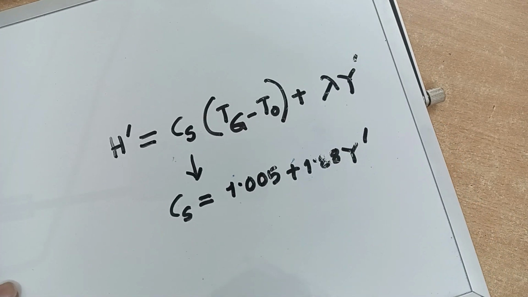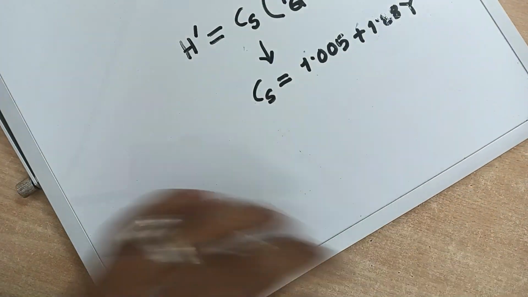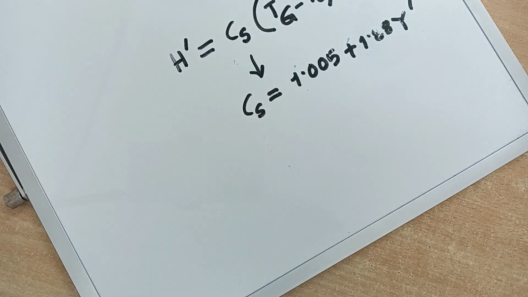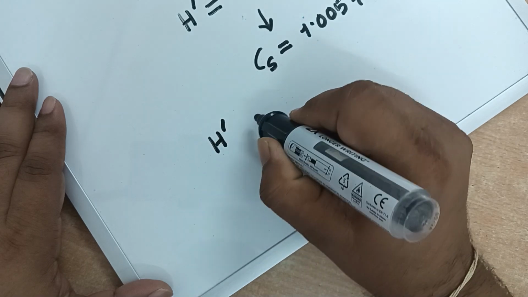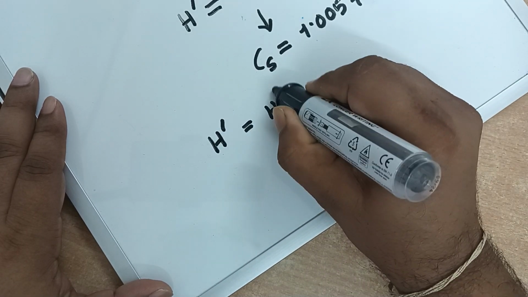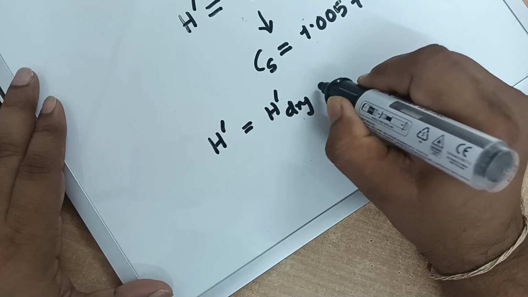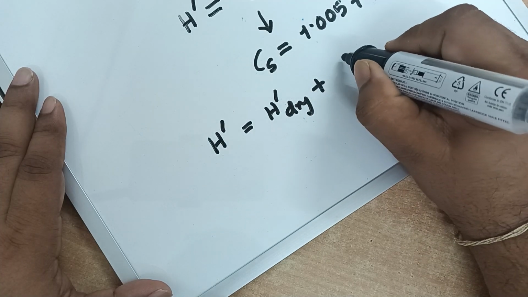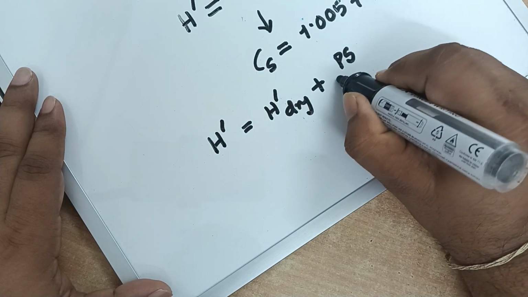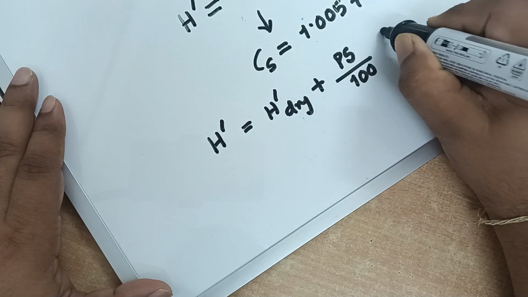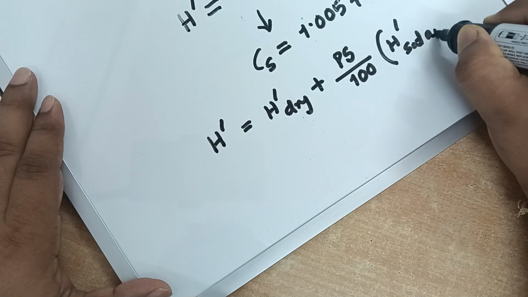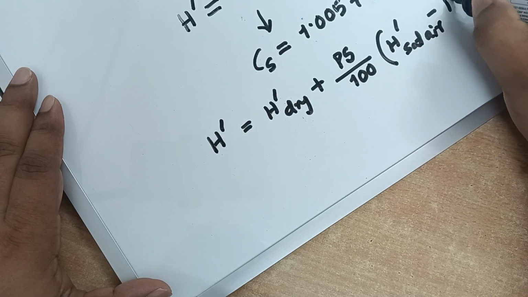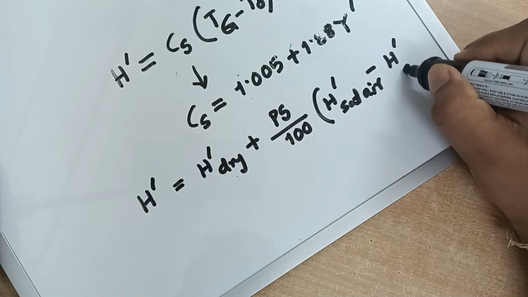we have a standard formula. Let me just show you. The standard formula is enthalpy H prime is equal to enthalpy of dry air plus percentage saturation, the percentage humidity divided by 100, multiplied by enthalpy of saturated air minus enthalpy of dry air.